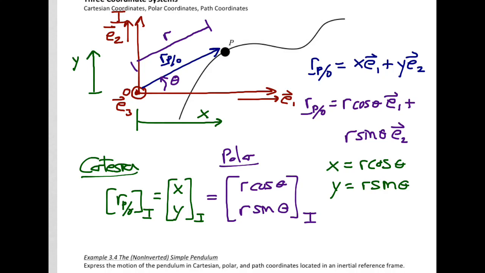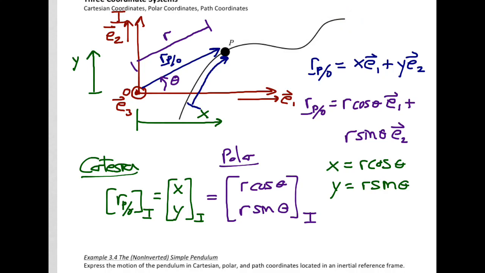But for a path coordinate, we only need a single scalar, or a single coordinate, to define that position. And so we draw that by saying we've got some starting point, and then we're going to trace the point P along the entire path, and we only need the scalar of how far it's actually moved on that path to define that position.